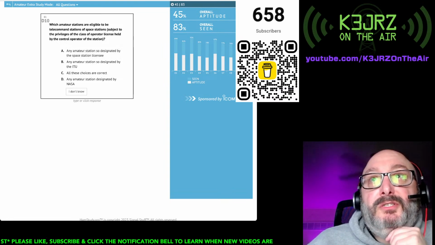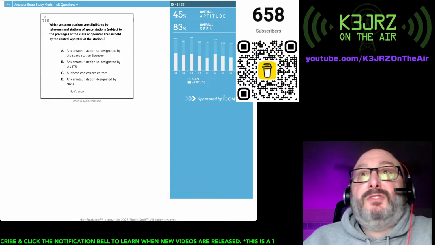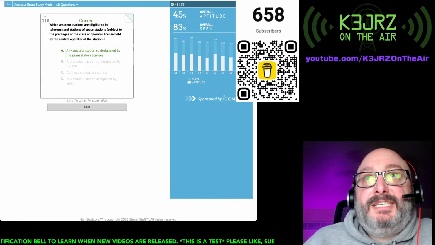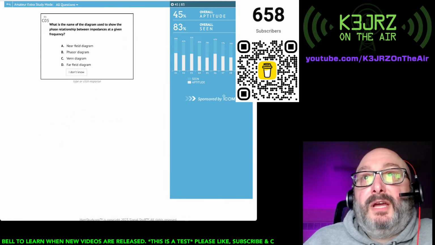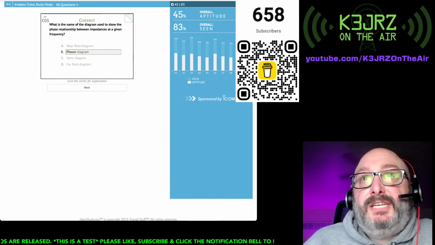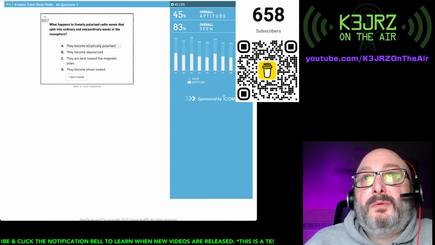Which amateur stations are eligible to be telecommand stations? The space stations, such as a licensee, only through a space station licensee. What is the name of the diagram used to show the phase relationship between impedance and given frequency? Phasor. What happens to linear polarized radio waves? Linear, that's split into ordinary and extraordinary waves.